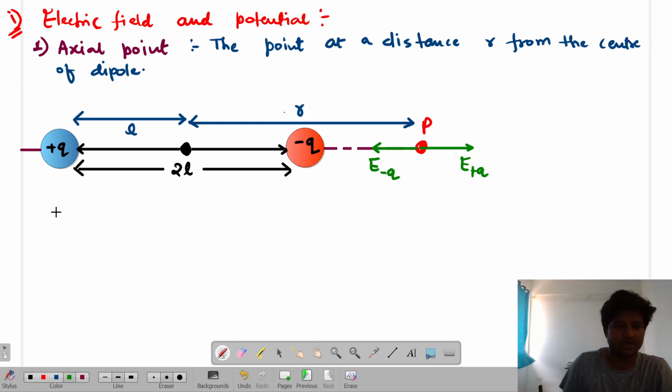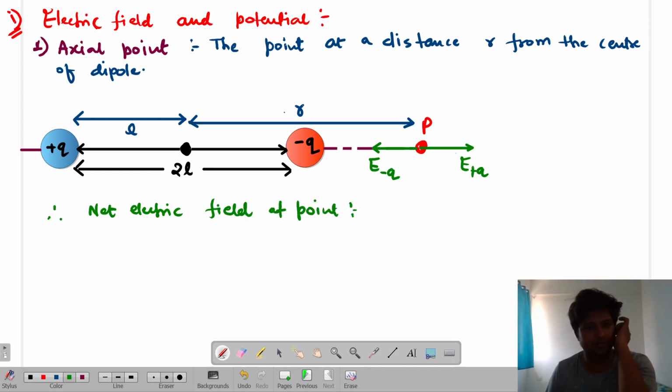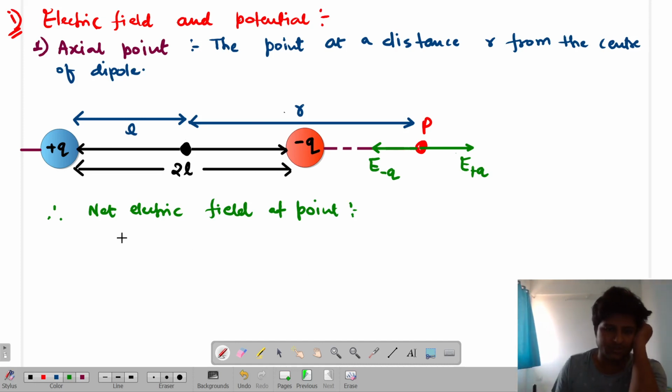So therefore the net electric field is what? Zero? Is this point P at the same distance from plus q and minus q? Then how come it is zero? Although I am measuring from the center, there is a little bit of gap, so definitely some electric field exists over there.